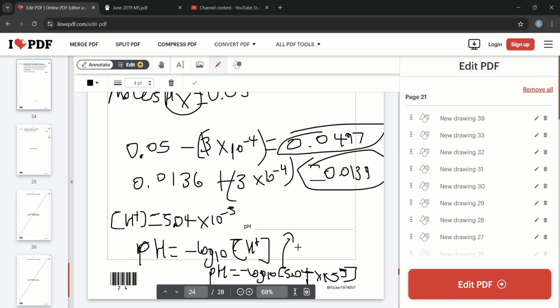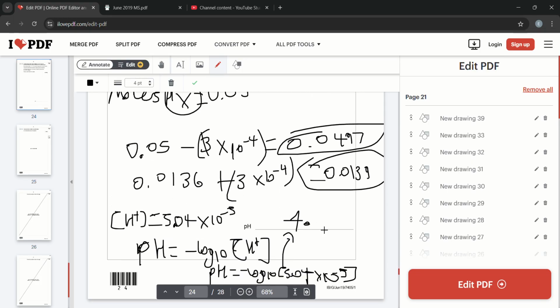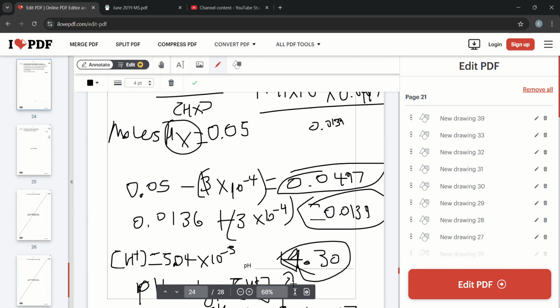Now I'm just going to put it in the calculator. To 2 decimal places, it's 4.297, so it's going to be 4.30. Okay.